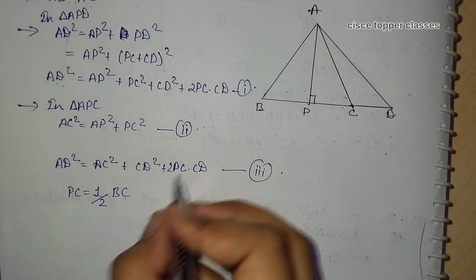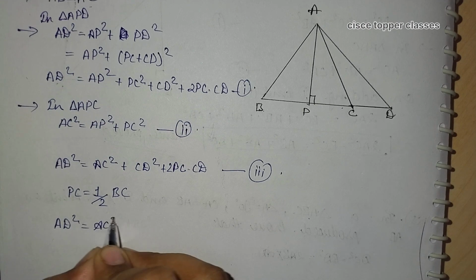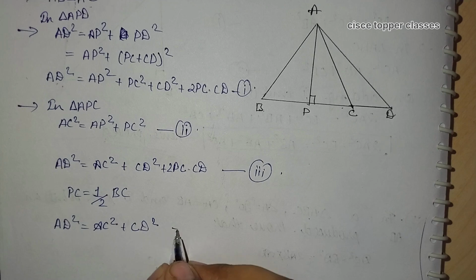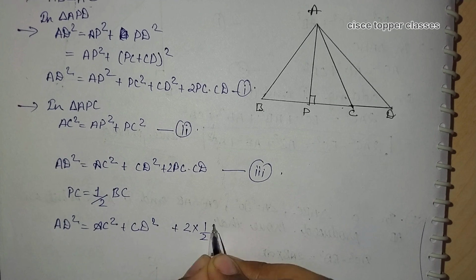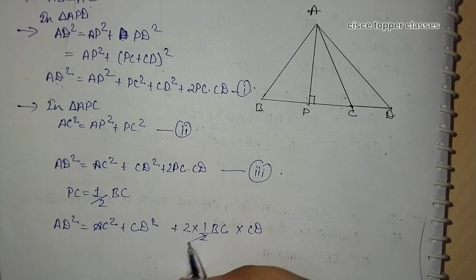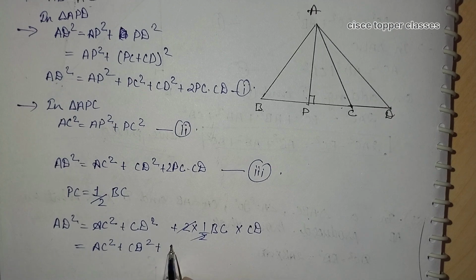Now we will put this value of PC in the equation, so AD square is equal to AC square plus CD square plus 2 into half of BC into CD here. The 2 and half will cancel out and we will get AC square plus CD square plus BC into CD.